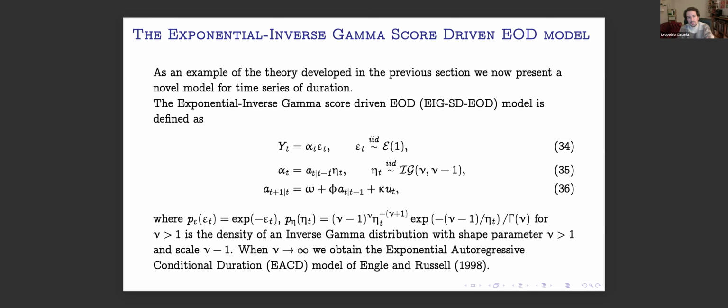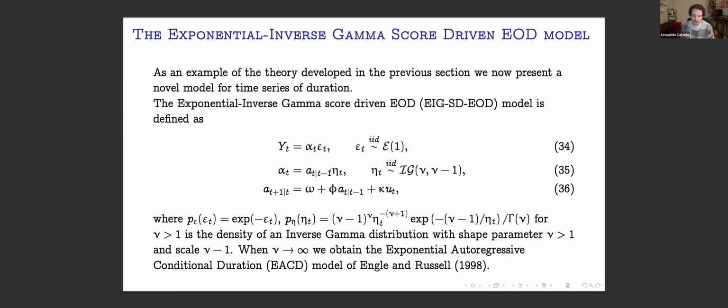Then in the paper, I also provide an example of this methodology, and the idea here is to provide an analog of what the beta-t-GARCH does in the volatility context to the duration framework.